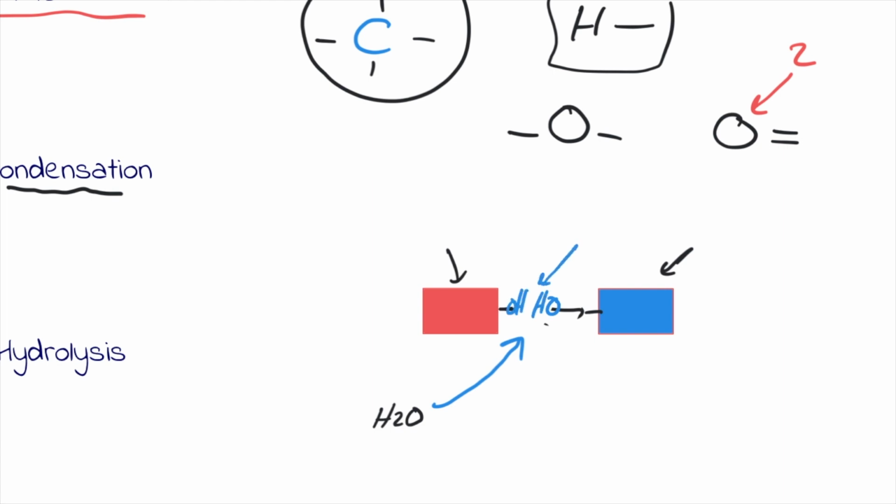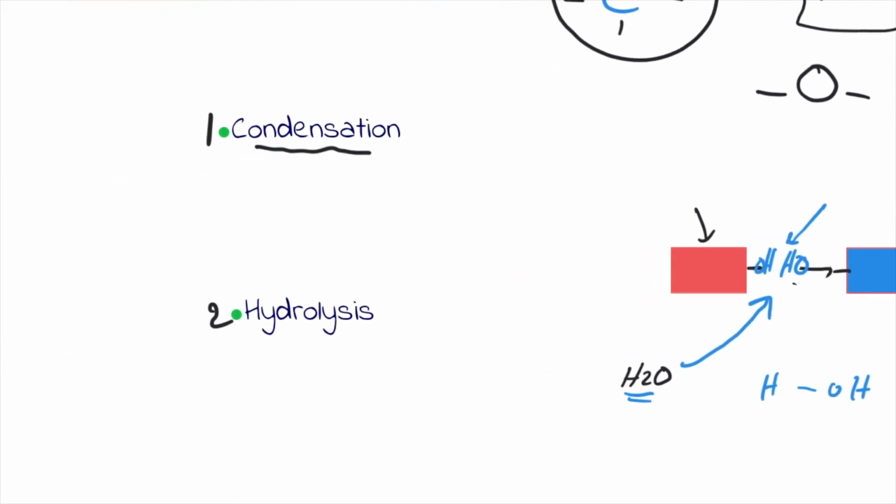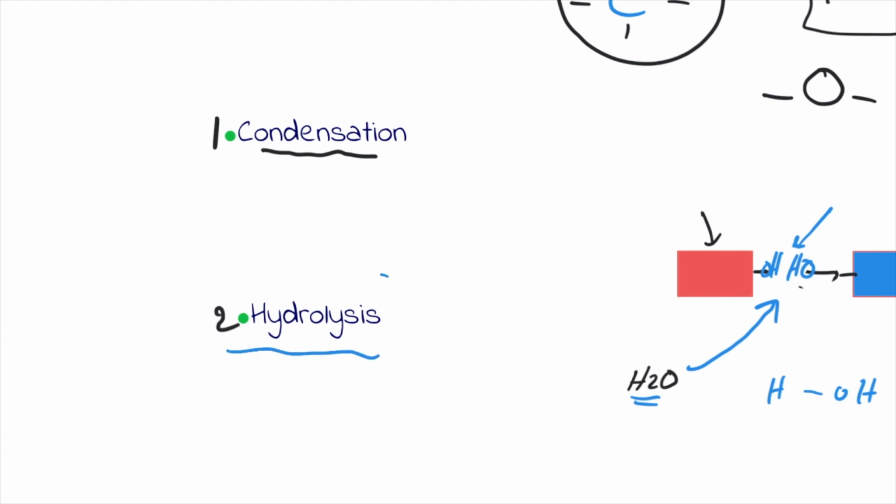So now I have added HOH, and this has broken the bond between those 2 molecules. So again, this reaction is what we call hydrolysis. That's the reaction we always do when we break bonds.